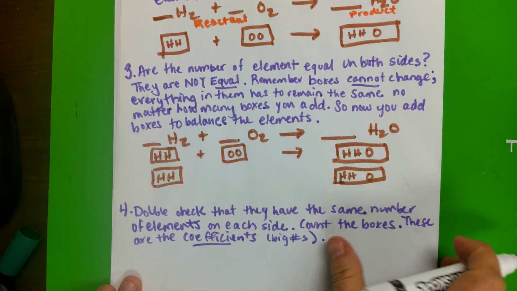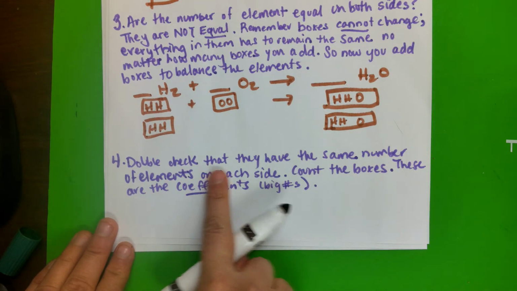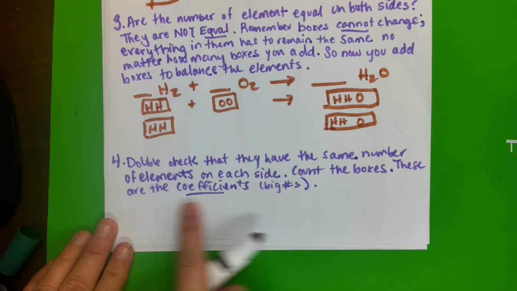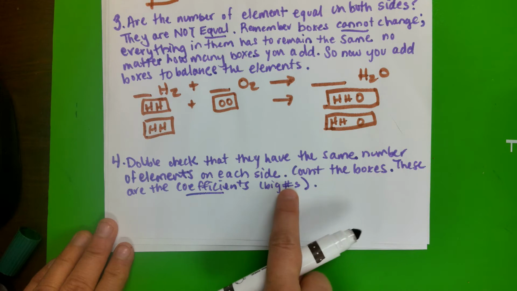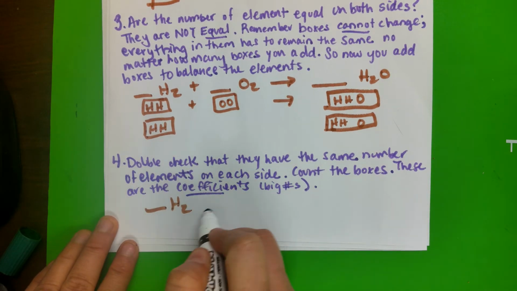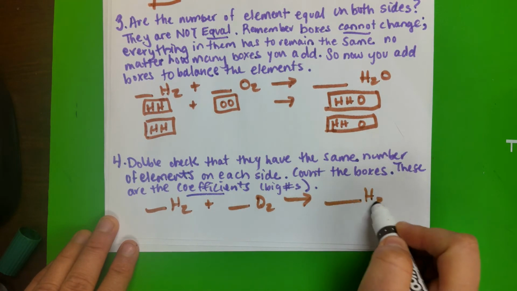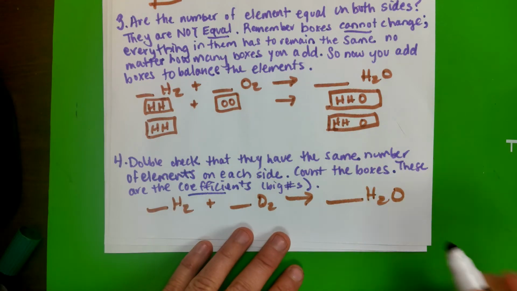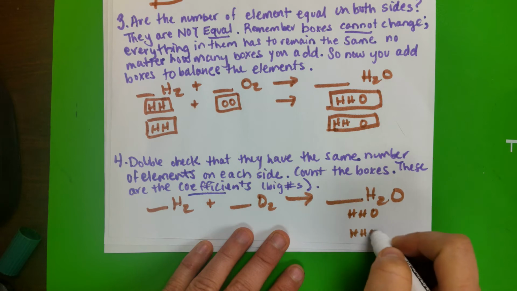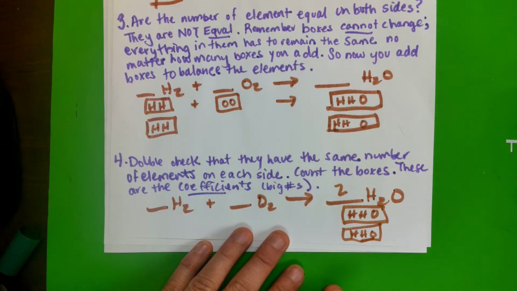You're basically done. All you do is double check that they have the same number of elements on each side. Count the boxes. These are the coefficients, the big numbers. So in here, this is two boxes, so that means it's 2.